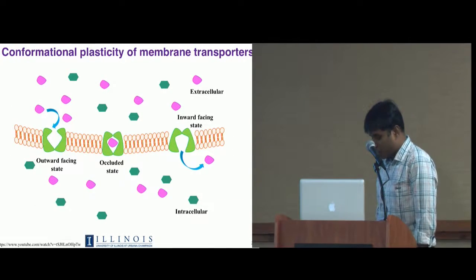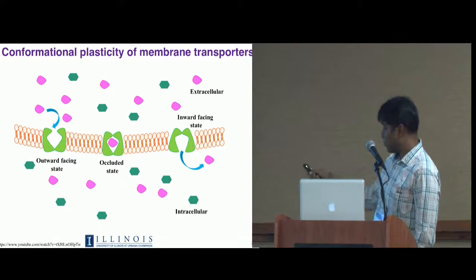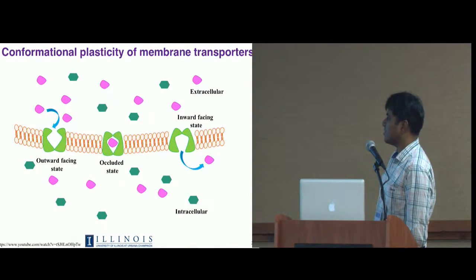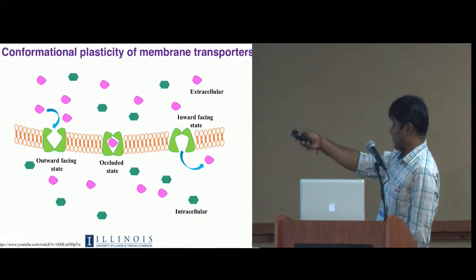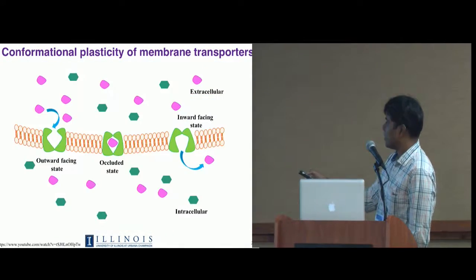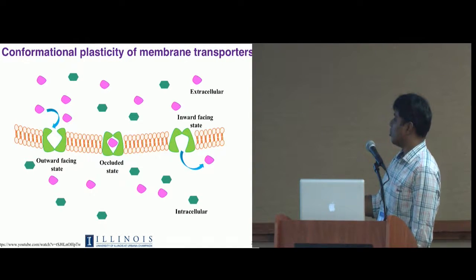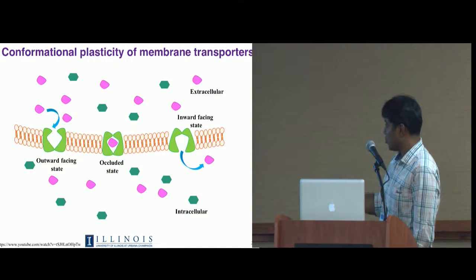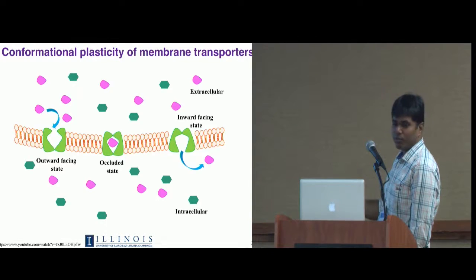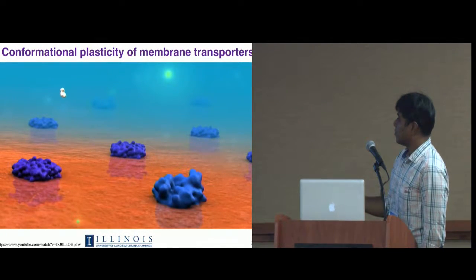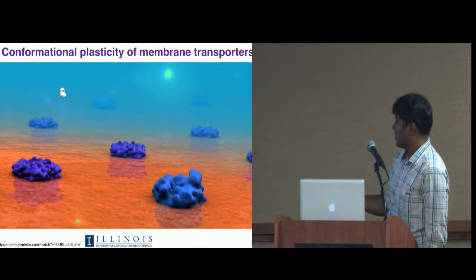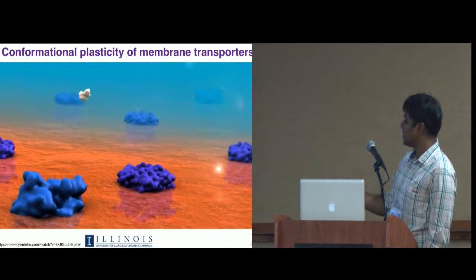In order to transport molecules, these transport proteins undergo different conformational changes. So it has to open towards the extracellular region such that it can recognize the substrate molecule, and then it closes at both ends, and then it opens towards the cell such that it can transport the molecule into the cell. Here I will show a small video. This is the substrate molecule that has to be transported from the extracellular environment to the inside of the cell.